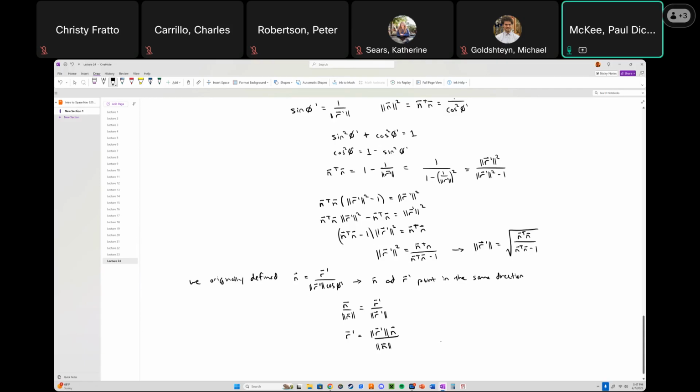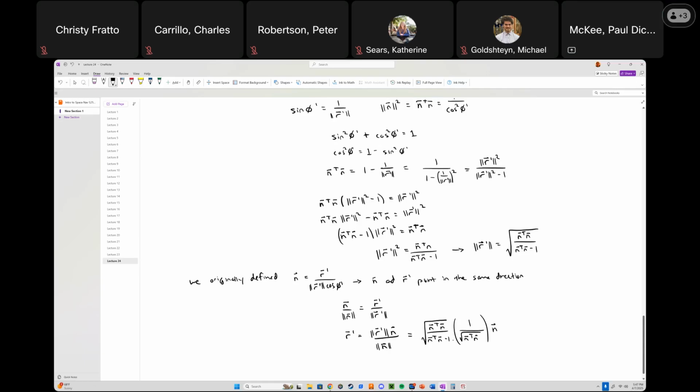And now we can make a substitution. That is equal to, didn't we just say that the norm of r prime is all this stuff over here? So I'm going to say that we have this going on. It's the square root of n transpose n over n transpose n minus 1, and then we still have 1 over the square root of n transpose n and n.